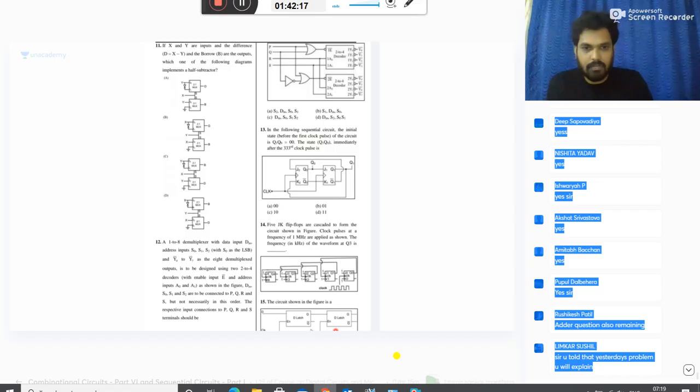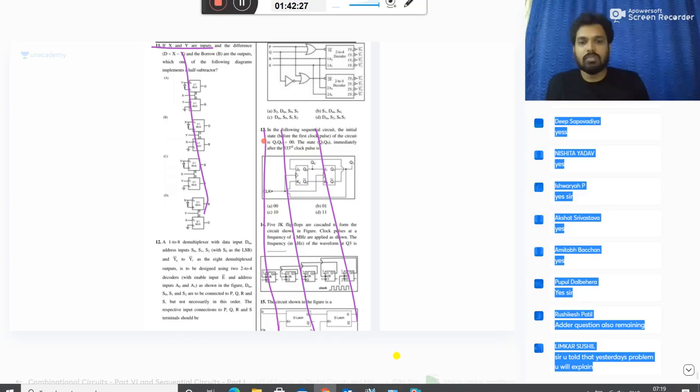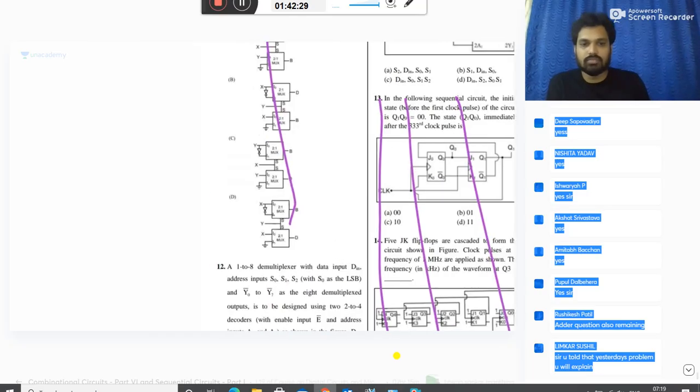Slightly adjust. I didn't make the slide. I am taking it from my original PDF. So read the question. Is it possible? I will zoom it. Don't worry.